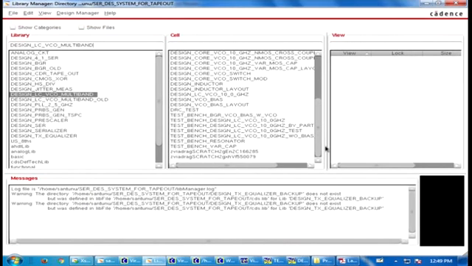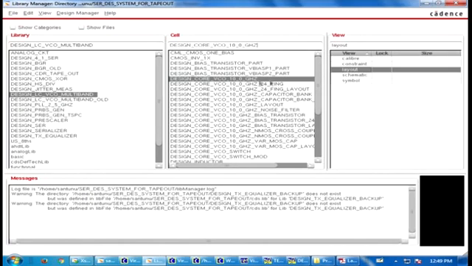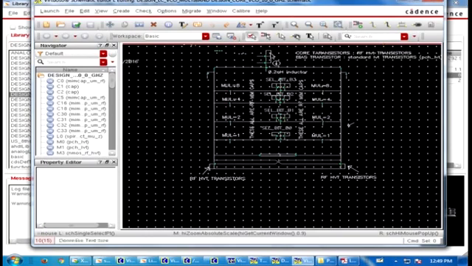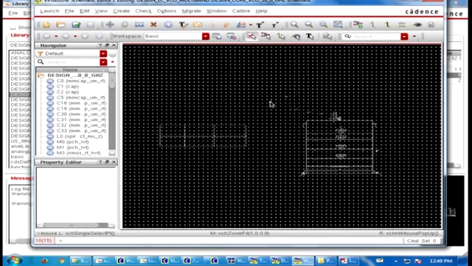So this is the VCO schematic. This is two biasing transistors. Then see, one inductor is there.